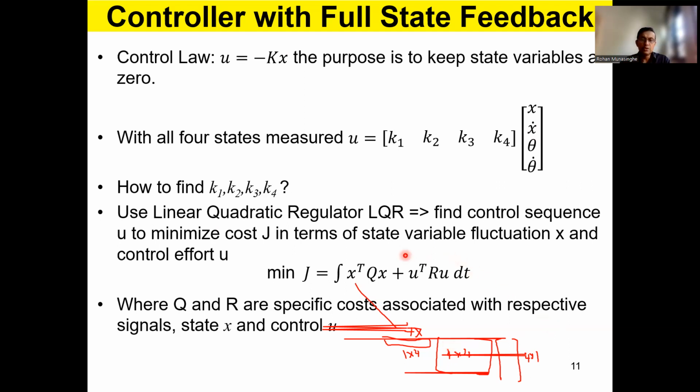And also the control signal here: how much effort you are taking. U transpose and U, again you get square terms. Here u is a scalar anyway, not like x. So therefore this is just u square times R. R is a gain, a cost weight.